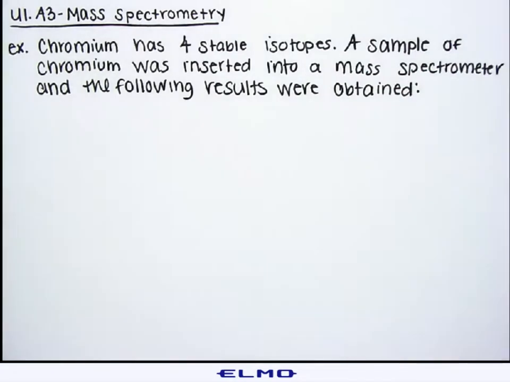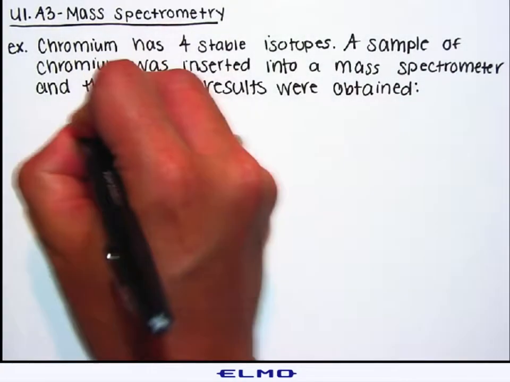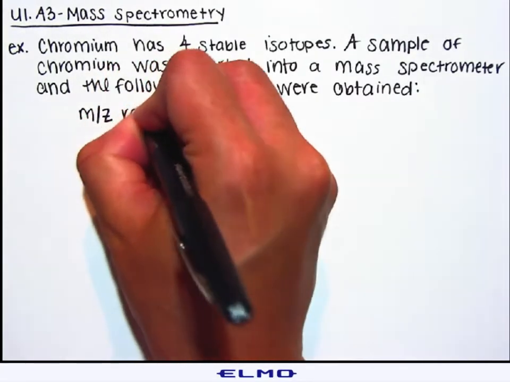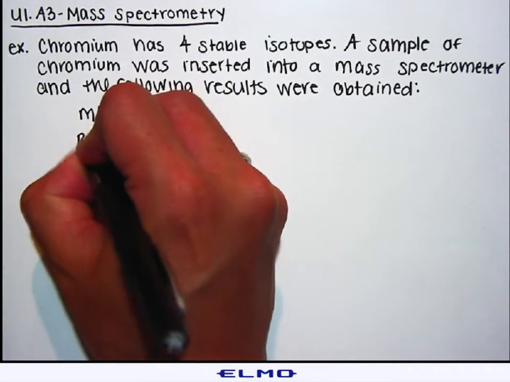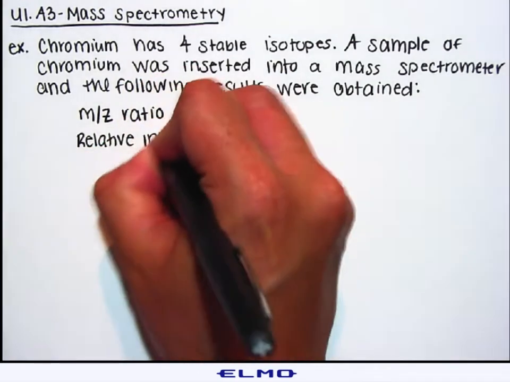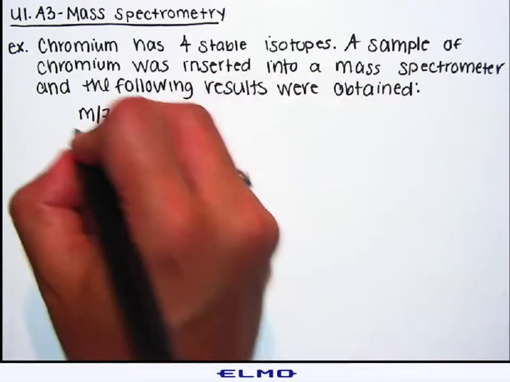Usually for these types of problems, you're going to be given a data table. So we have our M to Z ratio, and then we have our relative intensity.